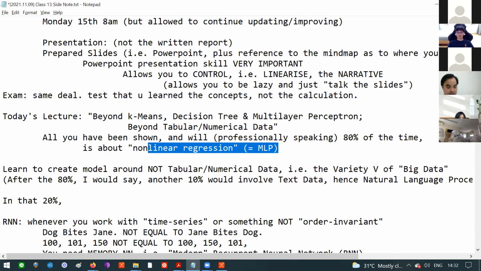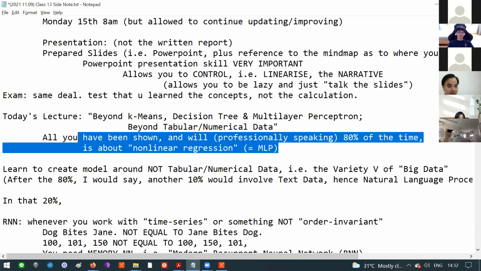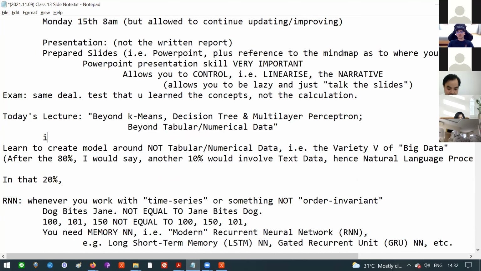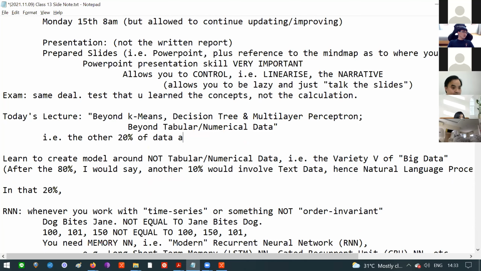In other words, we are talking about the other 20% of data, of machine learning used in data.